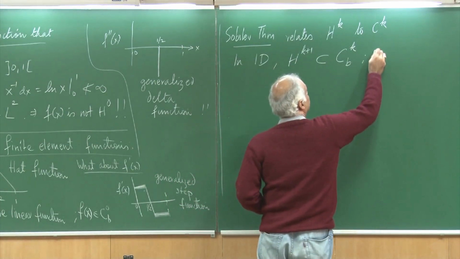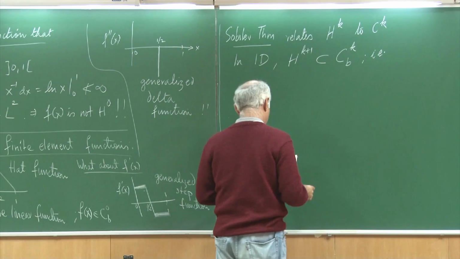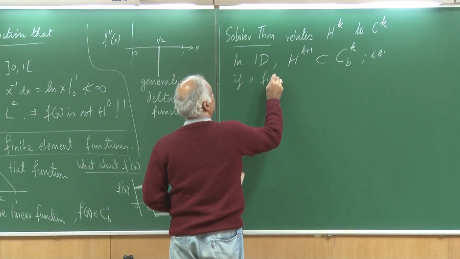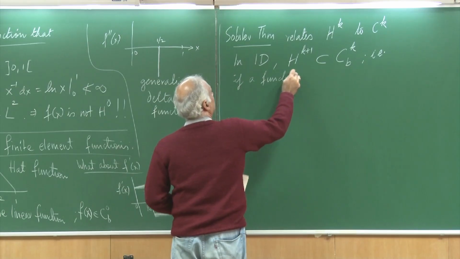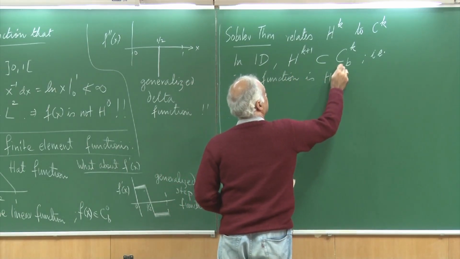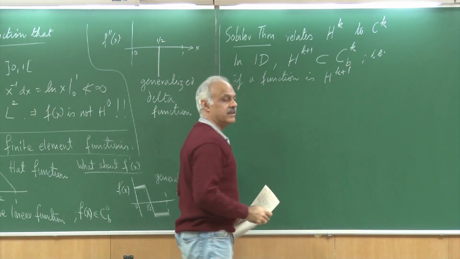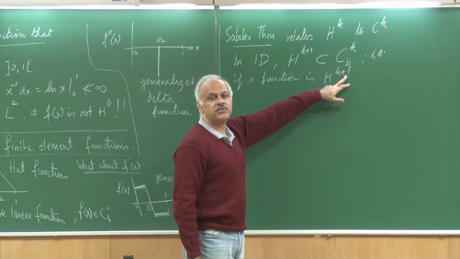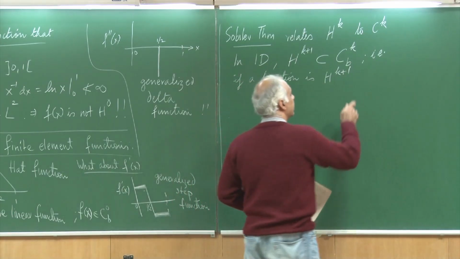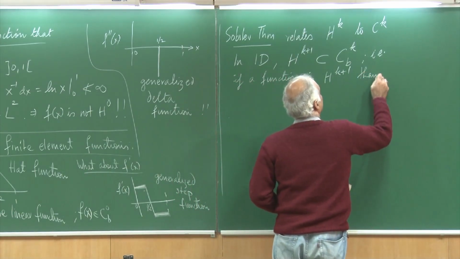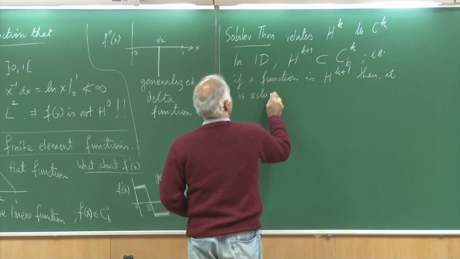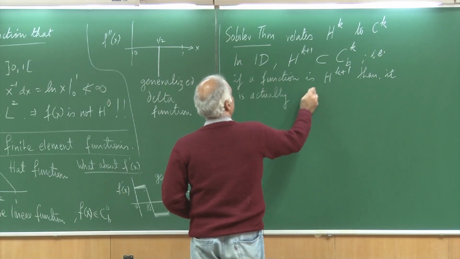So it implies that if a function is Hk plus 1, that means the k plus 1 derivative of the function is square integrable, then it is actually Cbk.